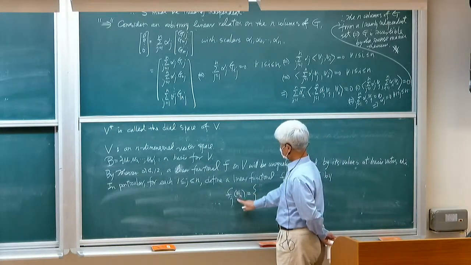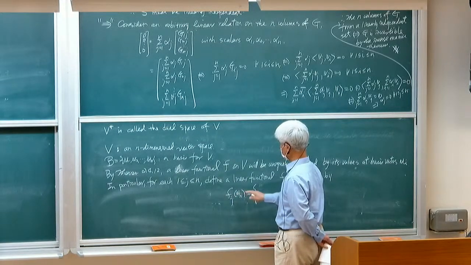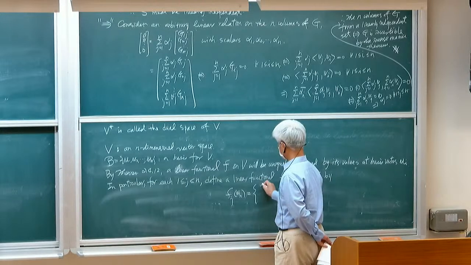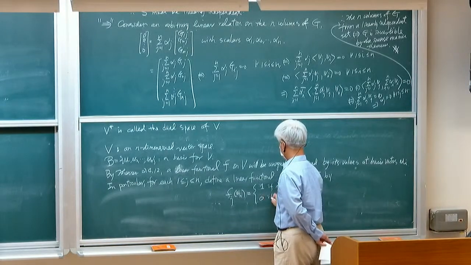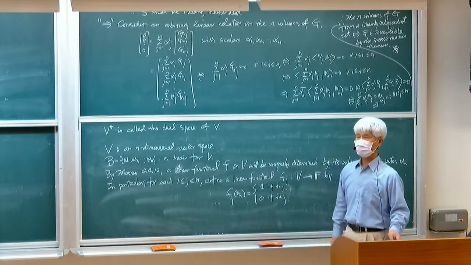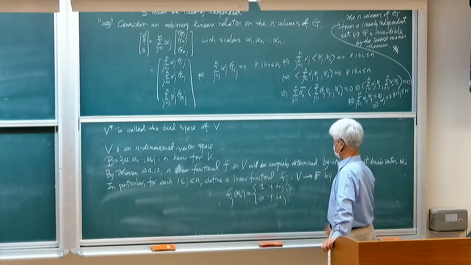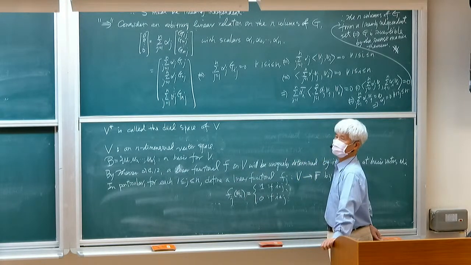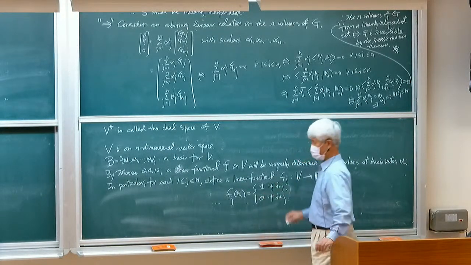So for fj on ui, the value is 1 if i equals j, but it's 0 if i is not equal to j. Okay. So this specification uniquely determines fj.